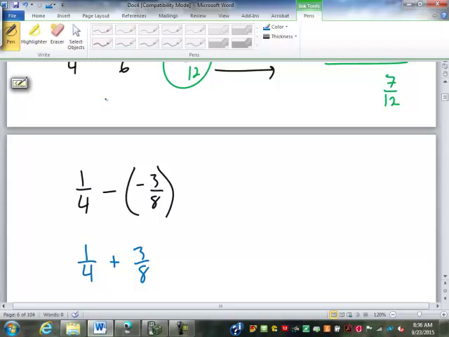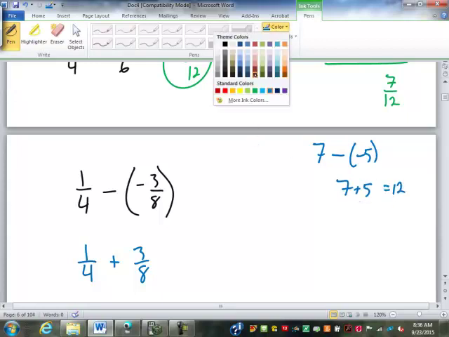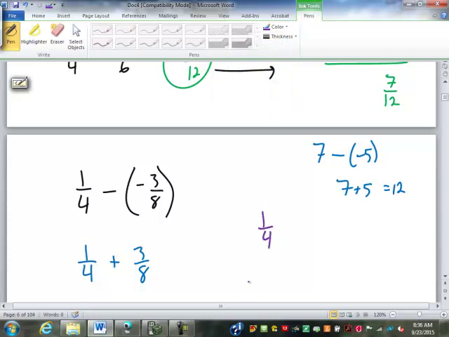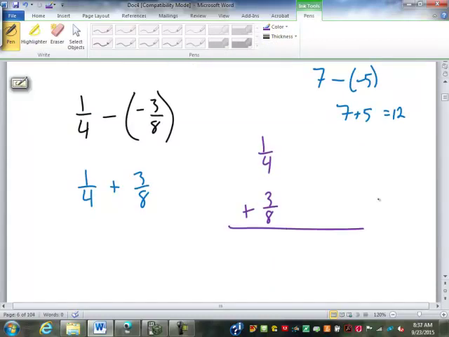Remember, if we had something like 7 minus a negative 5, that became 7 plus a positive 5. Same concept here. 1/4 minus a negative 3/8 becomes 1/4 plus 3/8. So our common denominator is 8. This is 2/8. This stays 3/8. 2 and 3 make 5/8.